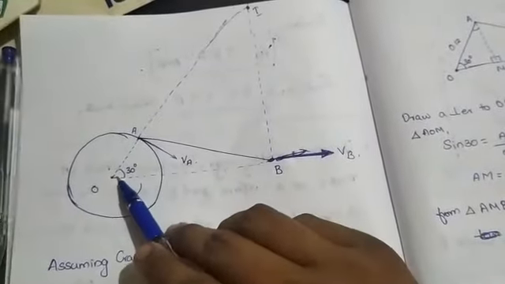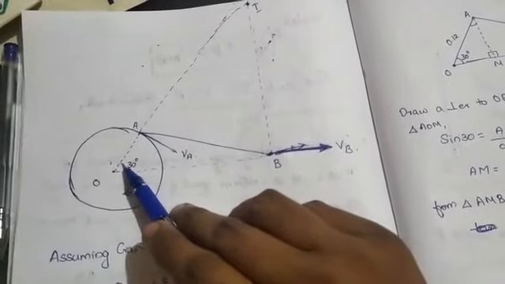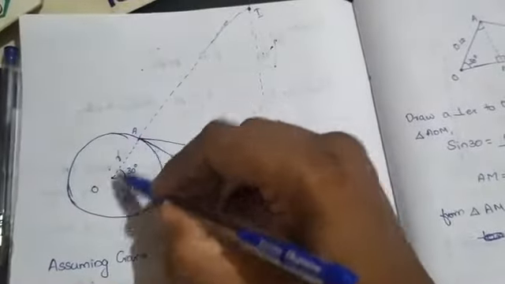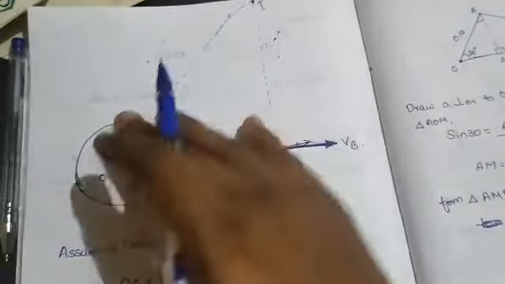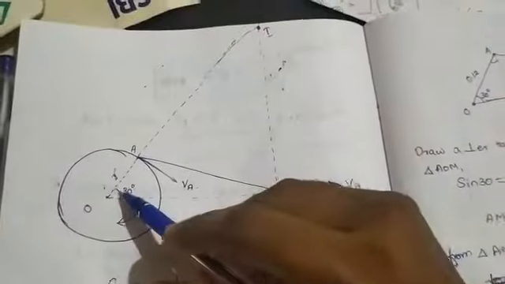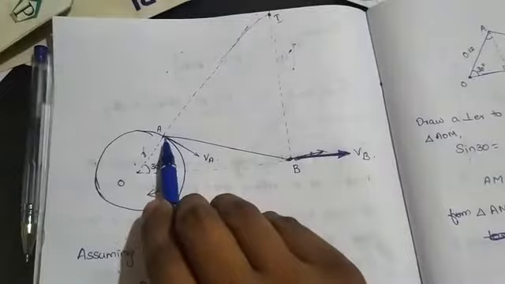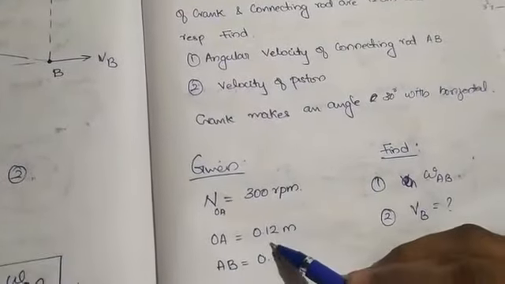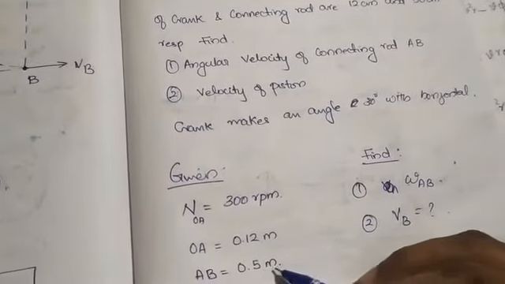Initially it is telling that the crank makes an angle 30 degree with the horizontal, right? So this will be our radius of the crank, and the length of the crank is given, that means OA is given. Similarly, AB is also given. OA is given as 12 centimeter, so 0.12 meter, and AB is 50 centimeter, that is 0.5 meter.